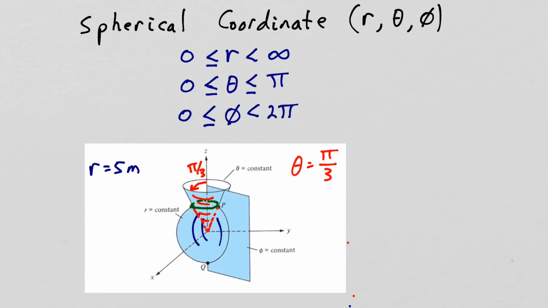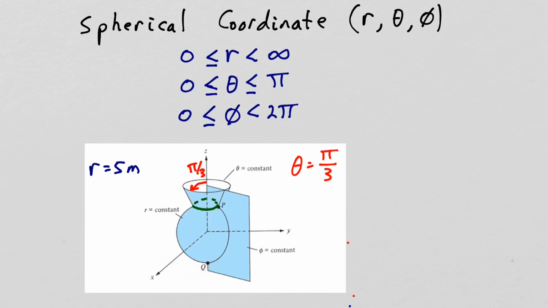The third variable phi is the same as the one we work with in cylindrical coordinate system. It's an infinite half plane. One end is tied to the z-axis, and the angle phi is the angle the plane makes with the x-axis.